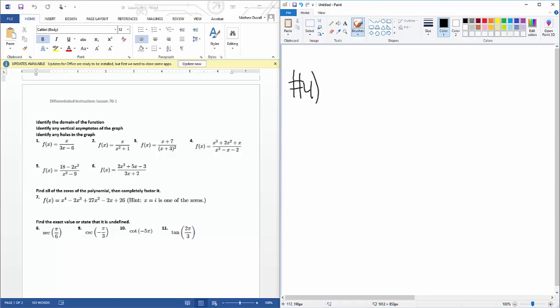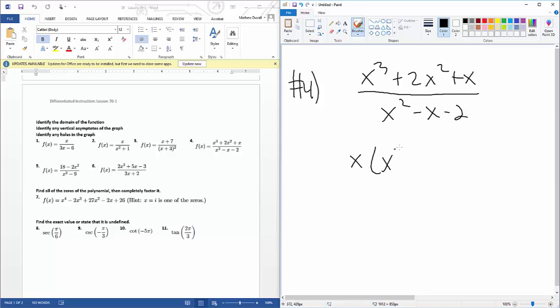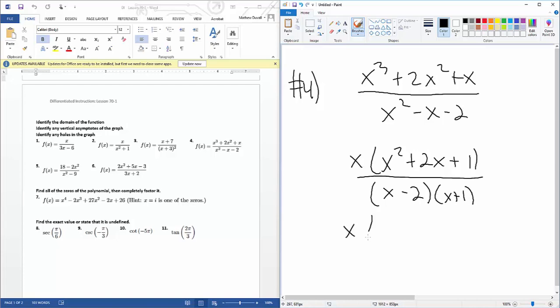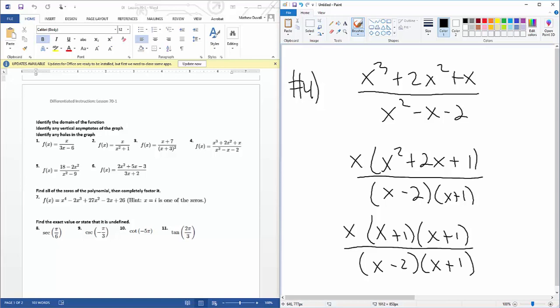All right, number 4. So factor out the x. This factors into x minus 2, x plus 1. And then that on top should be x plus 1, x plus 1, x minus 2, x plus 1.